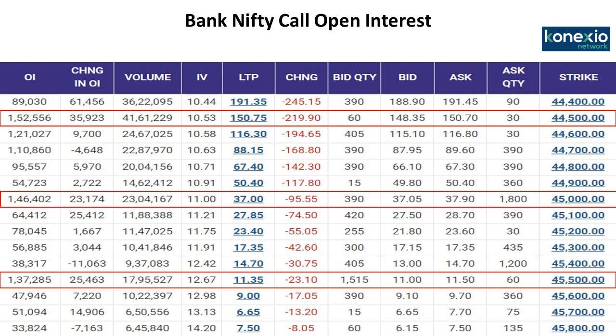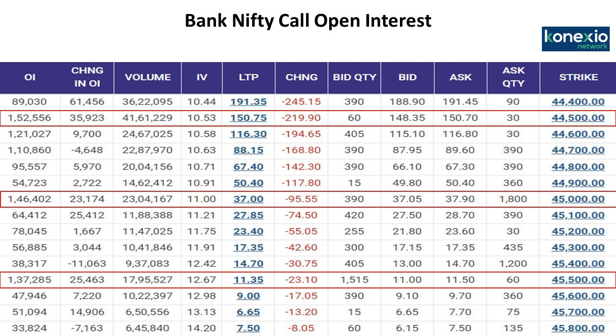But if there is some further sell off or weakness, these IVs will enter into more danger zone, which will bring in short covering in these Bank Nifty calls, which will push the markets or Bank Nifty on the upside. So definitely looking at this particular data, on the upside, 44,500 could act as an immediate resistance.